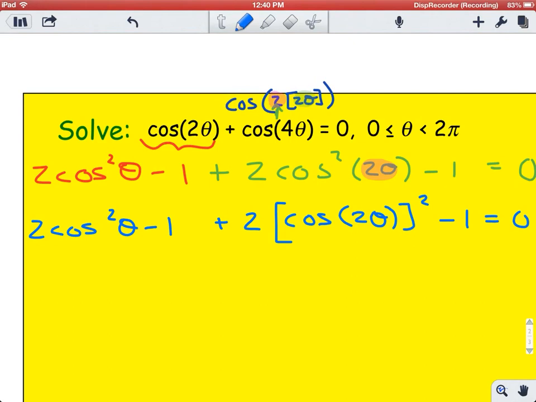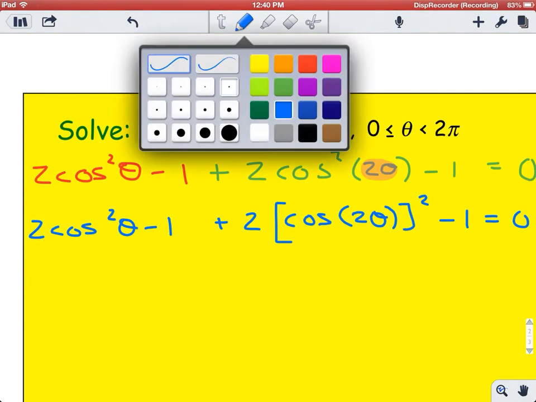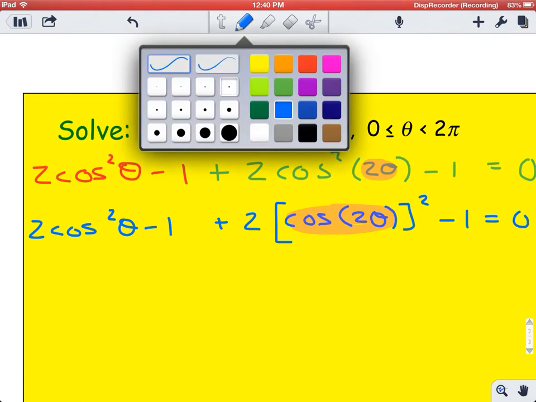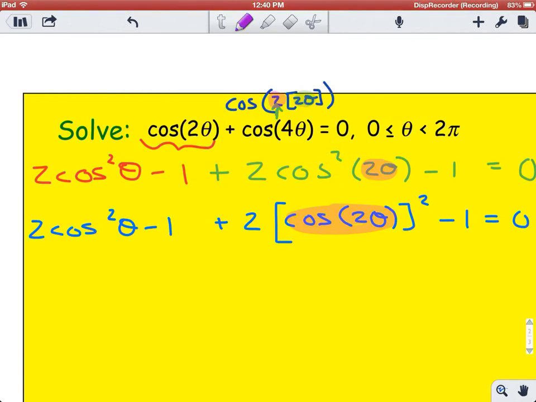And that will allow us to create a new substitution. See, I've got another double angle here. So now I'm going to go 2 bracket. Now what is the identity for double angle? It's 2 cosine squared of theta minus 1.